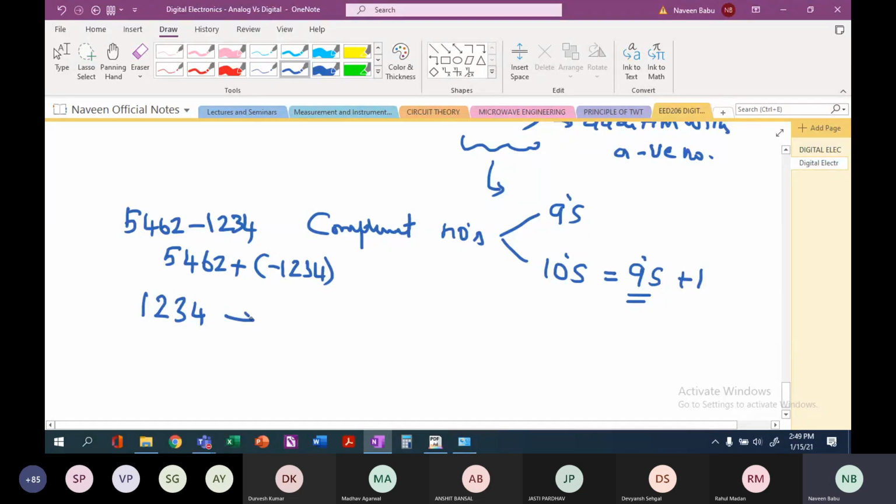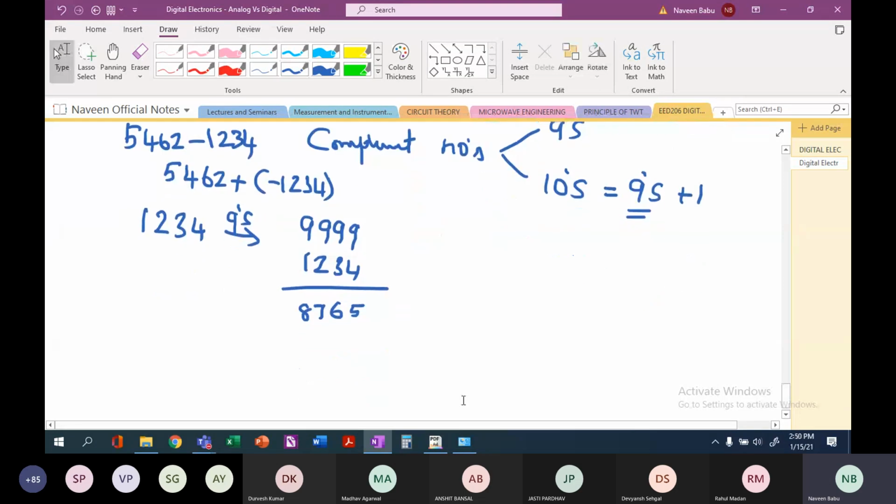The 9's complement of 1 2 3 4 can be found simply by subtracting 1 2 3 4 from four 9's. So subtraction is straightforward, right? 9 minus 4 is 5, 9 minus 3 is 6, 9 minus 2 is 7, 9 minus 1 is 8.